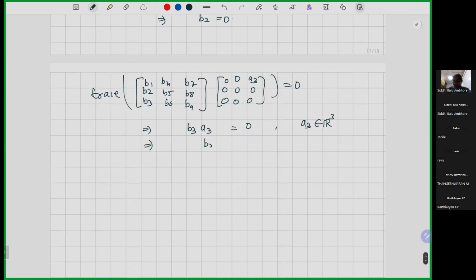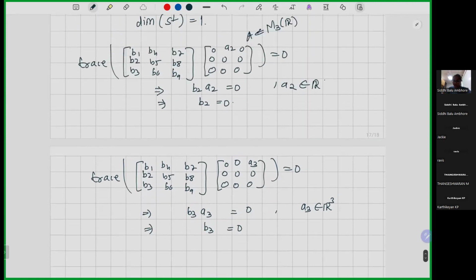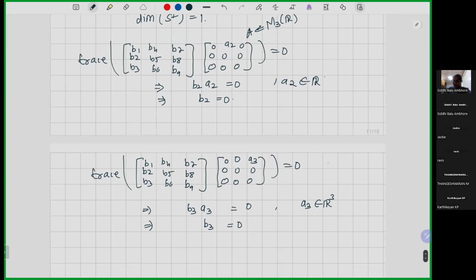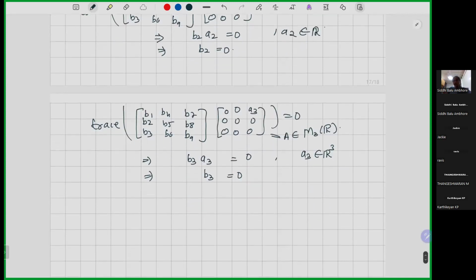So this gives me B3 is 0. This is element A belongs to M3R. Okay, so doing this, similarly for A4 and so on, we get that all these elements become 0.